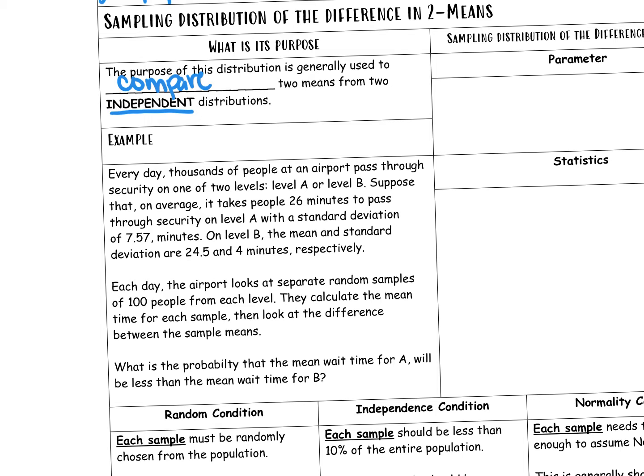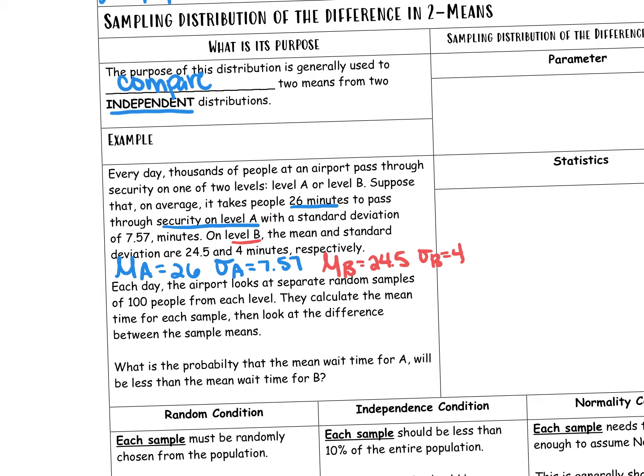On level A, mu of A, the population mean, is 26, and sigma A is 7.57. On level B, mu of B is equal to 24.5, and sigma B is equal to 4.